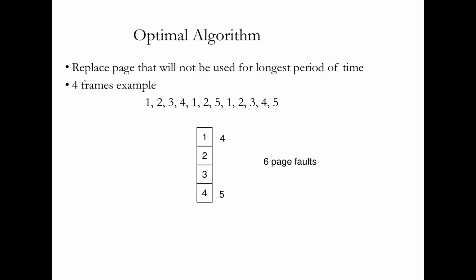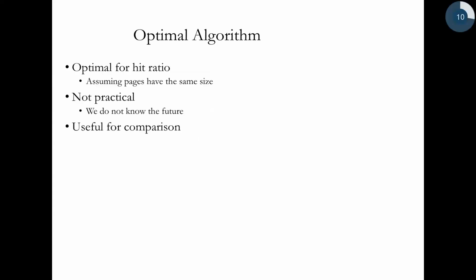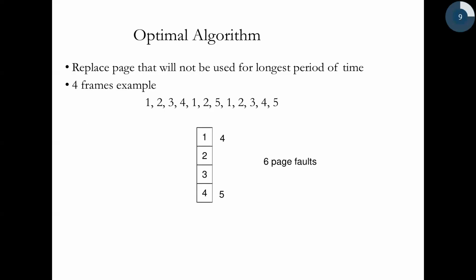So let's say we have 4 frames. We have the reference string 1, 2, 3, 4, then 1, 2, 5, 1, 2, 3, 4, and 5. Let's actually go through this example.